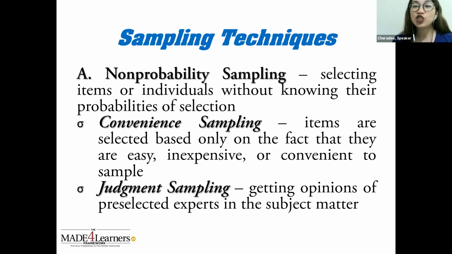But they're actually still acceptable, like convenient sampling. Okay, convenient sampling is somehow biased, I can say, but it's still acceptable because you are the ones who select the respondents that you're going to give the survey or the questionnaire to. Okay, because it's convenient to sample these people only.